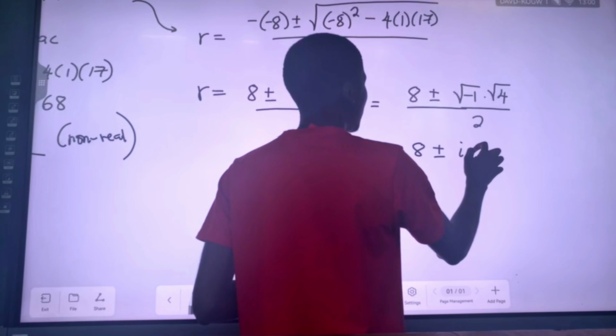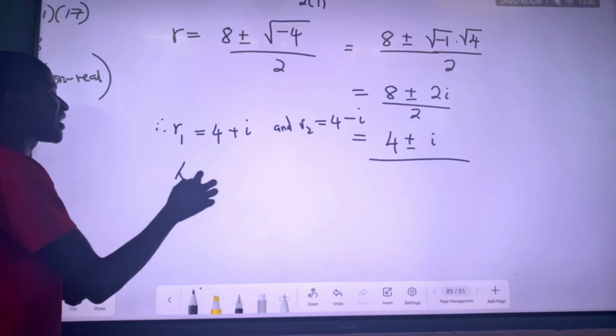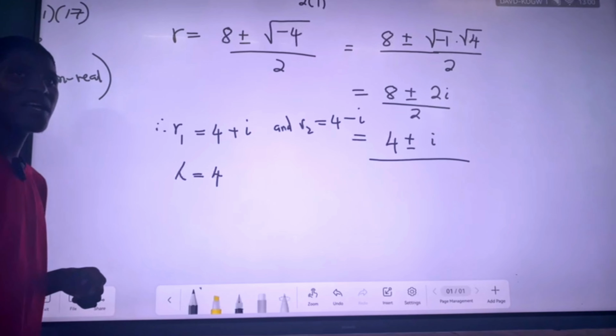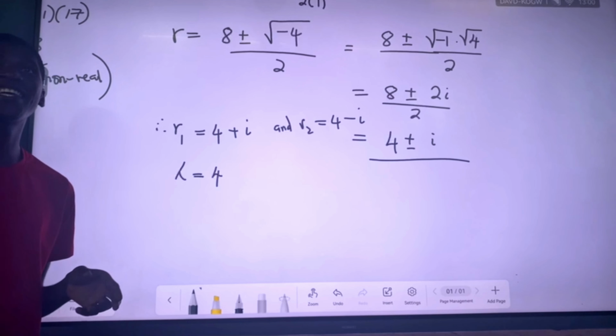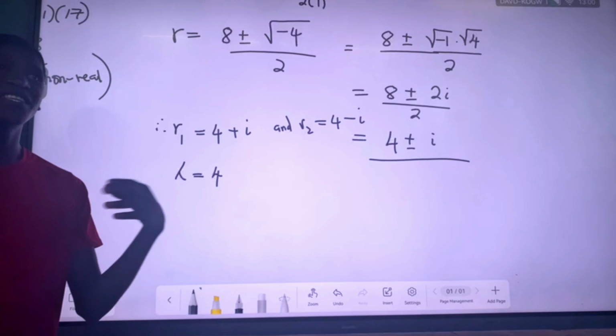Therefore imaginary root number 1 will be 4 plus i, and imaginary root number 2 will be 4 minus i. So what is the lambda here? 4. Remember, a complex number has two parts, a real part and an imaginary part.